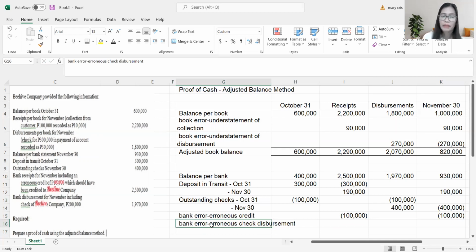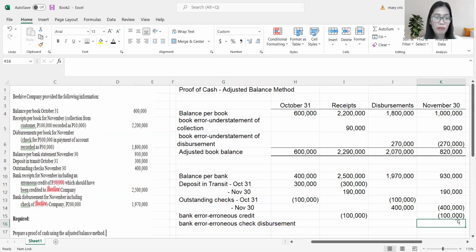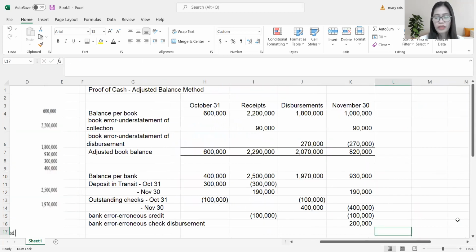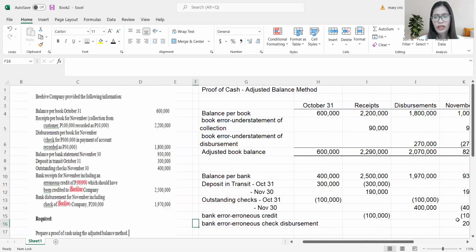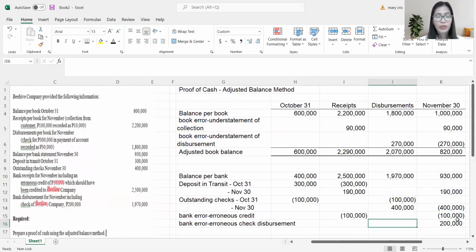Pero na-debit siya sa account ni Beehive. So kung check disbursement yan, dinebit niya, ibig sabihin understated naman this time ang ating bank balance. So what you have to do is you add it back. Add natin siya. So asan yung effect, no? Is it affecting your receipts or your disbursement? Okay, so tama, no? It is affecting your disbursement.